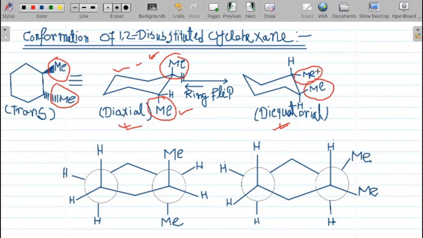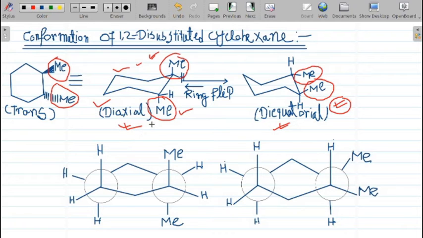But in this case you can see that there is no clash in this di-equatorial structure. So in the di-equatorial conformation, there will be less steric strain present in the structure, but in the diaxial conformation there will be more steric strain.